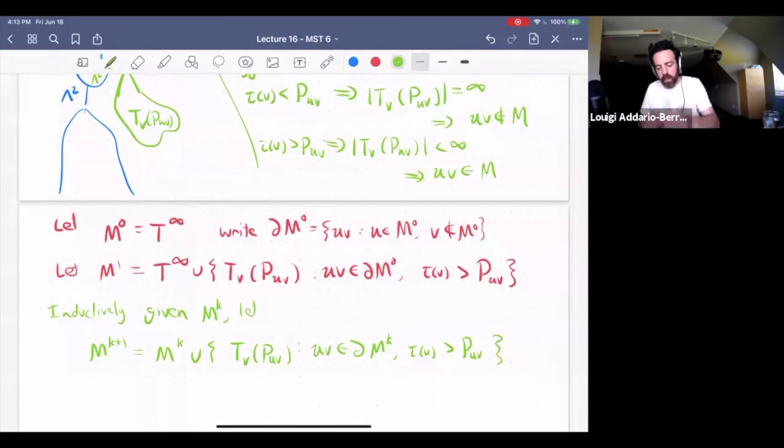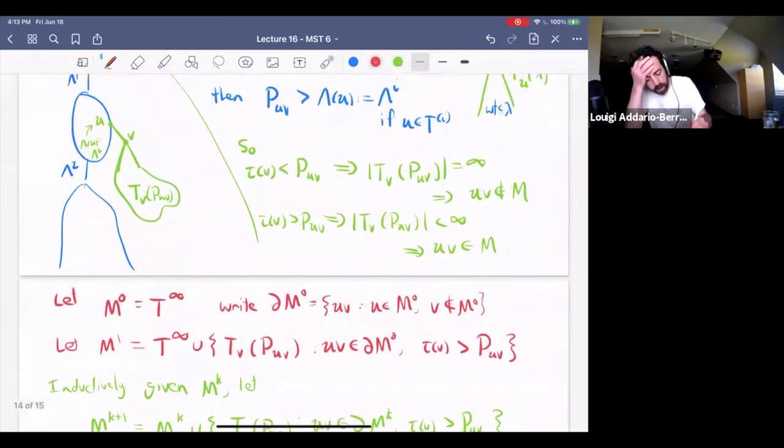Okay, so for exactly the same reason, if we look at an edge that attaches to this tree, this edge will have weight bigger than this first P_UV, because it wasn't part of this tree. And so anything in here has a path to infinity where the largest edge weight is this edge weight here. And the question for the tree down here is, does it percolate at this threshold value P_UV?